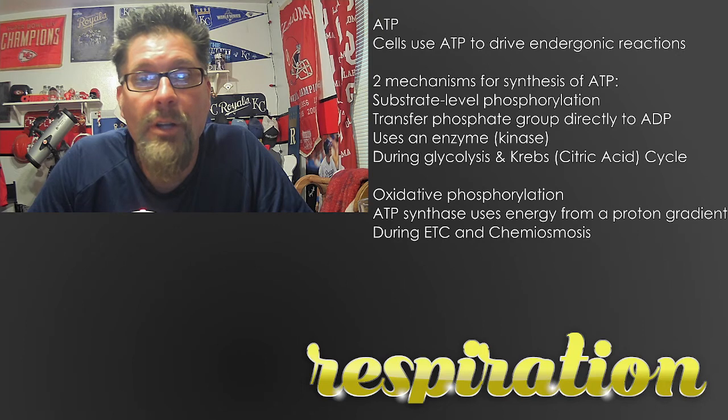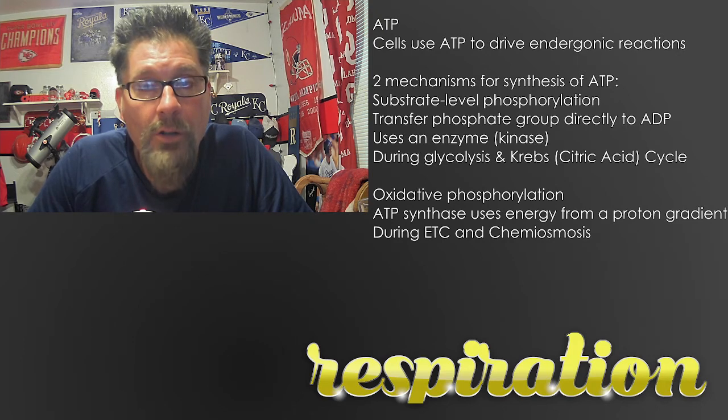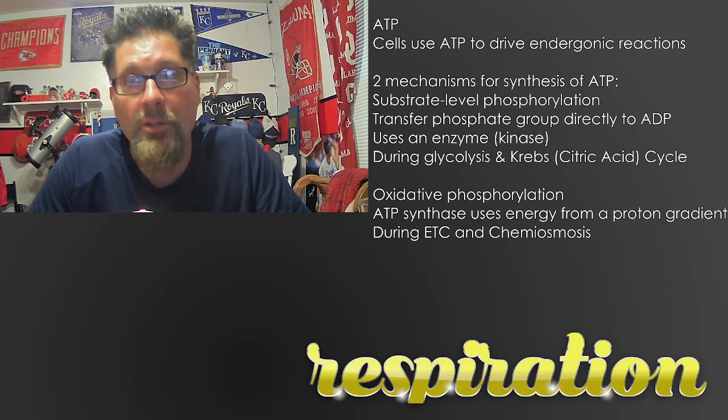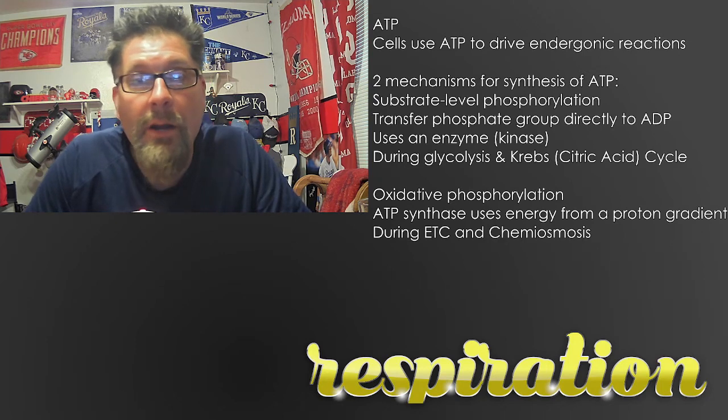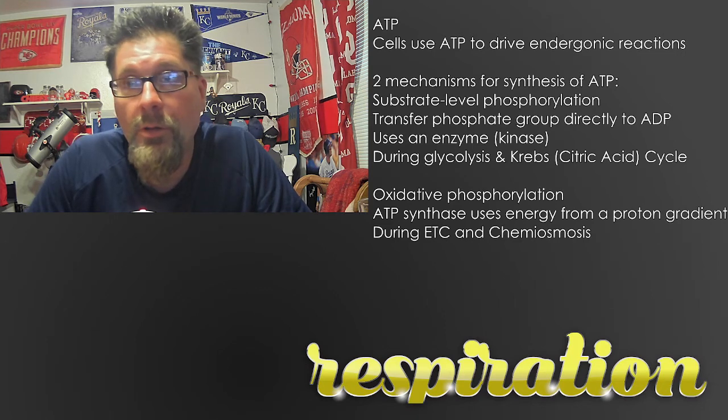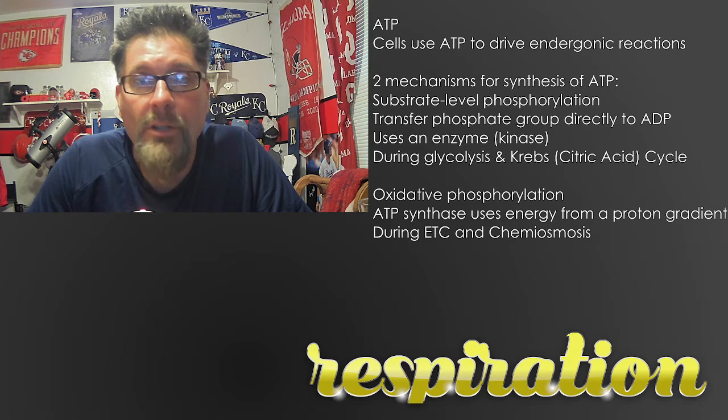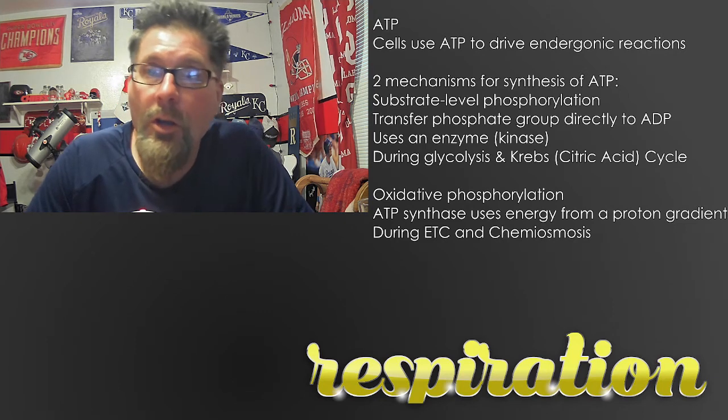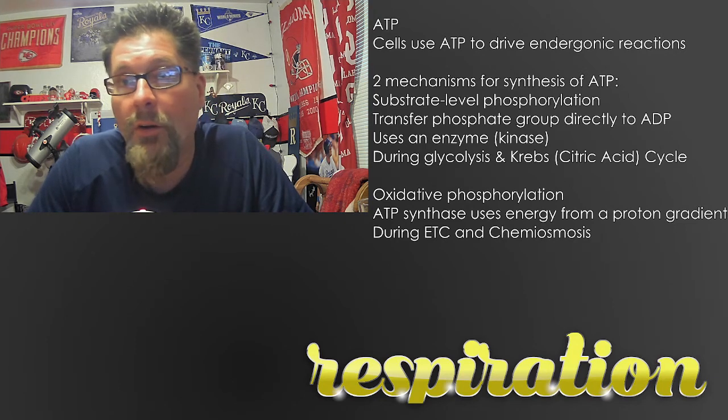In other words, the molecule is broken down, energy is released. That energy is used to make ATP molecules, and then the ATP molecules are used for endergonic reactions. In other words, the energy released helps build molecules. So again, it's that exergonic, endergonic, hand in hand. When one is happening, you know somewhere the other is happening.